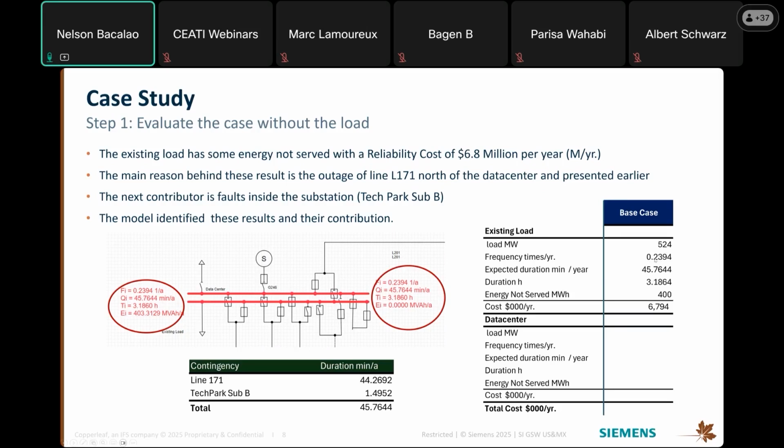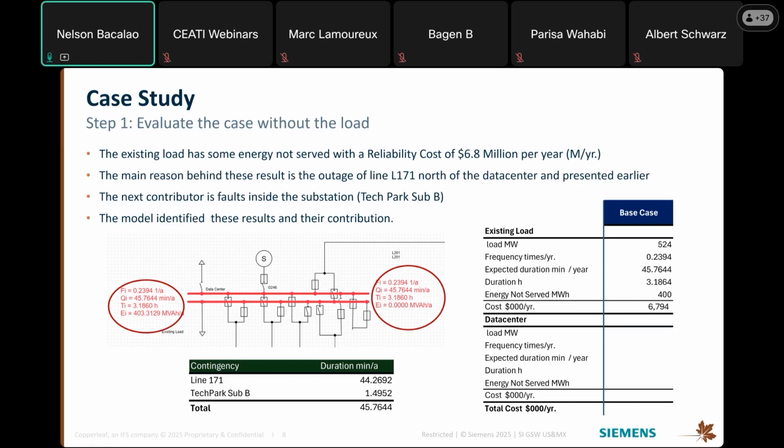And the expected value, which is the multiplication of these two, is 45 minutes a year. So this load would have an expected interruption in this example of 45 minutes per year. Given the cost of converting that into energy not served, that gave us 400 megawatts of energy not served and a cost. So that was our base cost of analysis.